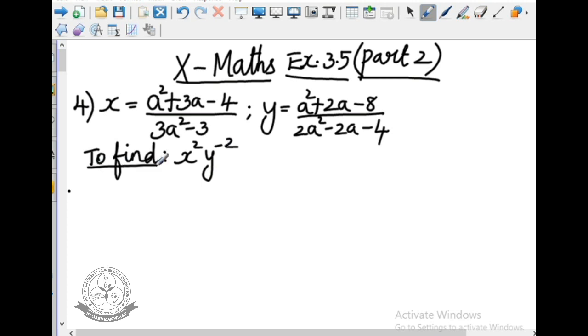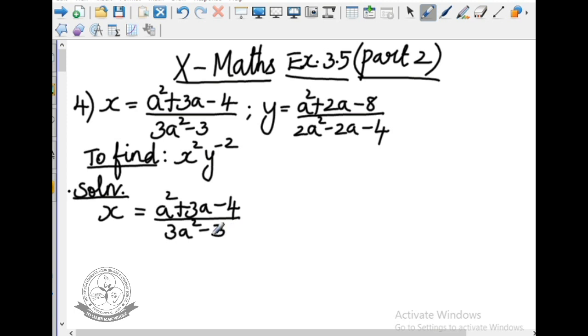So we take this one. So solution. Now we simplify the x, that is a squared plus 3a minus 4 whole divided by 3a squared minus 3. We have to factorize the numerator, the product is minus 4, the sum is plus 3.